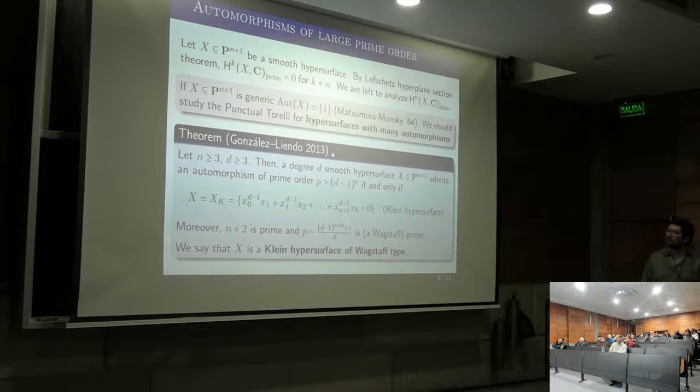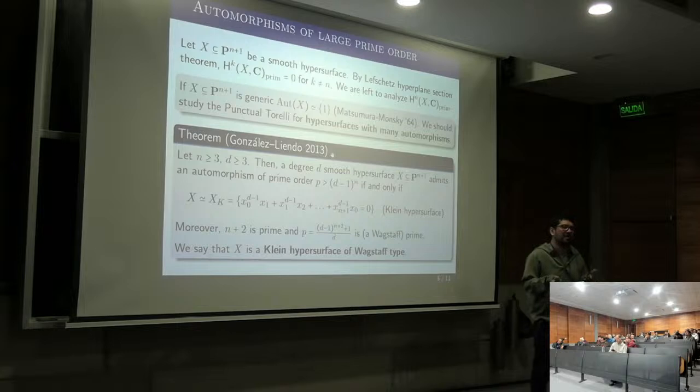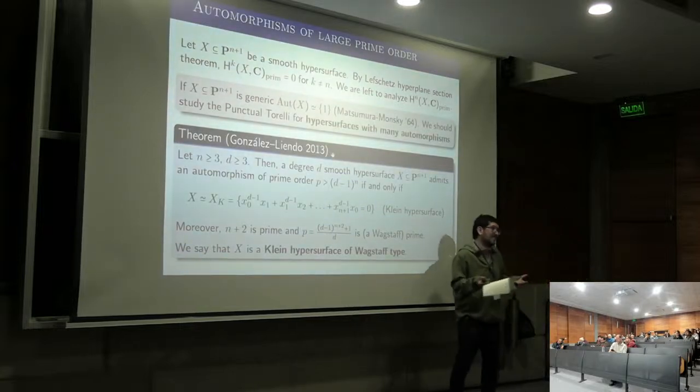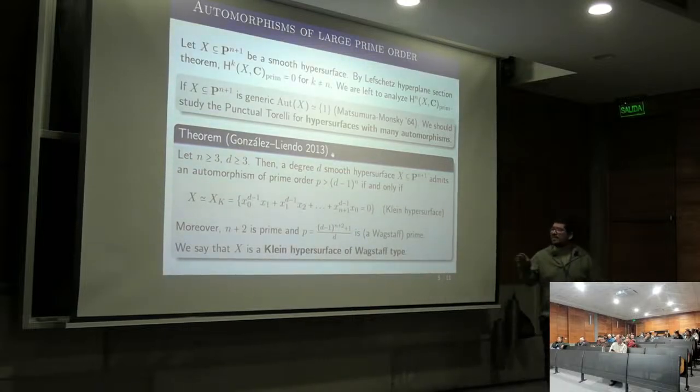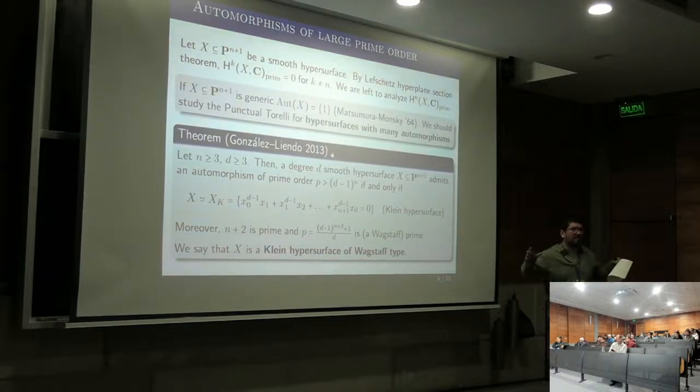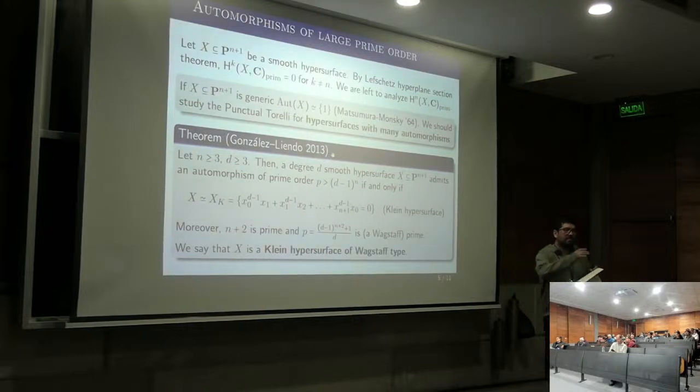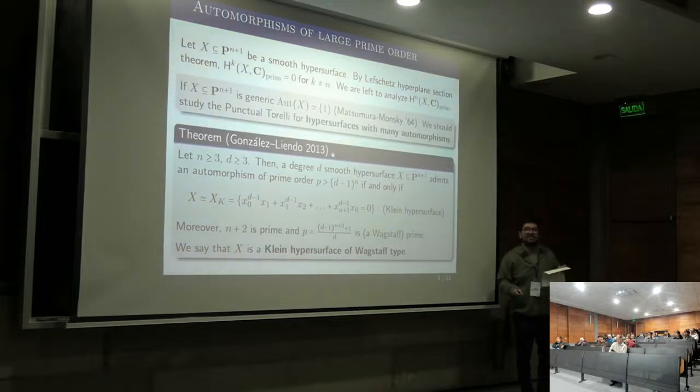And so a first natural question is, which varieties should you look at? I mean, which are the most symmetric hypersurfaces, right? I should say that there are two possibilities. One is to look at the whole automorphism group, and another one is to look at one automorphism of the largest possible order. These are the two variants.